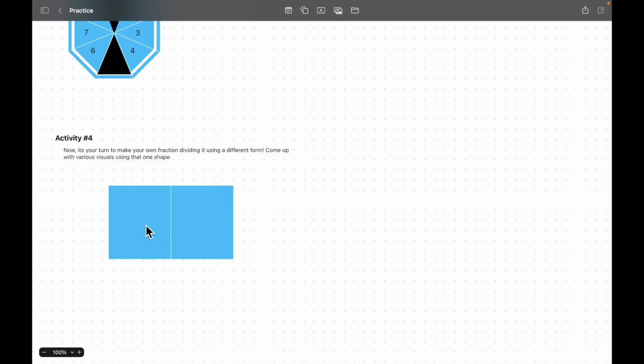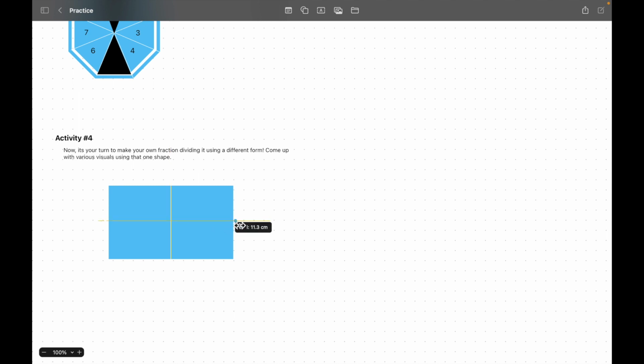And now it says come up with various visuals using that one shape. That means we don't have to continuously divide the shape like this, where the parts are all in the vertical direction. It's all about creativity, but in the end, the parts of the rectangle have to equal one another, since accuracy is important in a fraction.